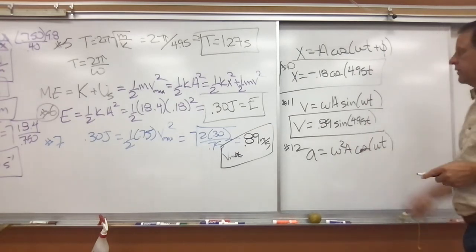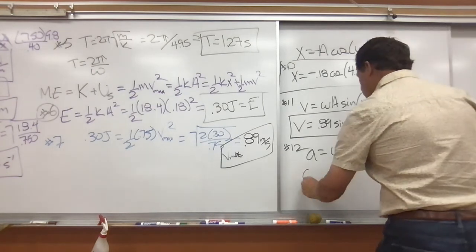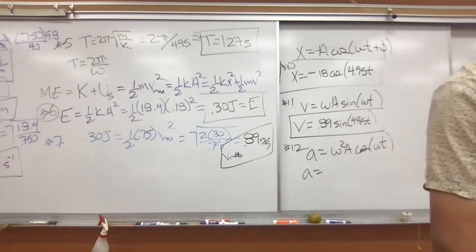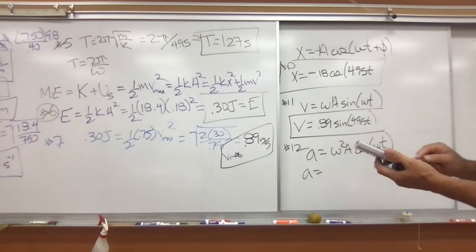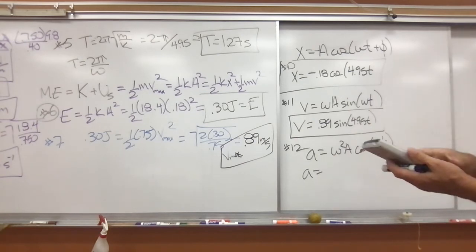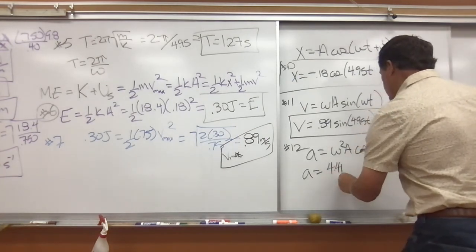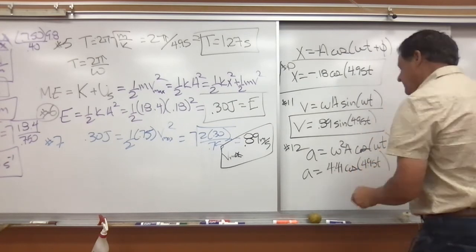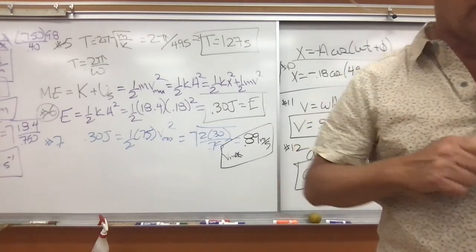Again, the derivative of sine is cosine, and therefore we're going to have acceleration is equal to 4.95 squared times the amplitude, which is 0.18, which is going to give us 4.41 cosine 4.95 t. And that is equation number 12.